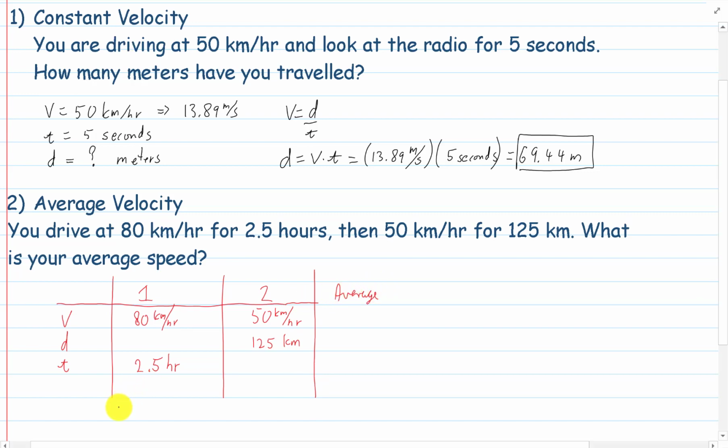So the distance here is velocity times time, and that's 80 times 2.5, which is 200 kilometers.